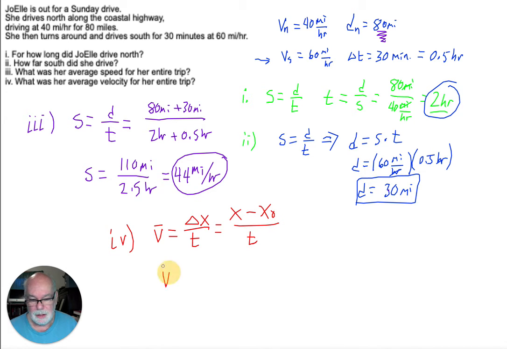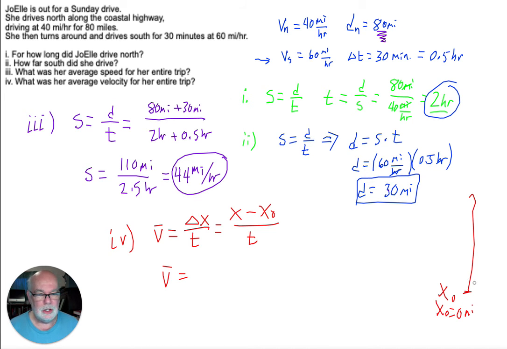We have to come up with some kind of coordinate system here. She's driving along the coastal highway. Let's say this is the coastal highway right here, and she's going to start right there. We're going to call that x naught equals 0 miles. We get to make that choice, and that seems like a simple one for us to do.